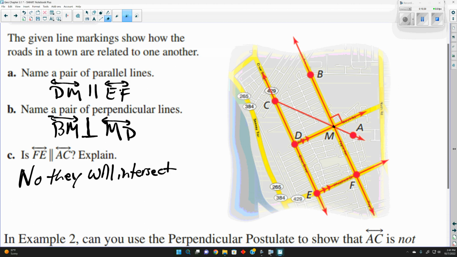And by definition, given a line and a point not on the line, there's exactly one line through it parallel to the given line. And we already have that parallel line. It's MD. So there can only be one parallel line through a given point. I can create an infinite number of parallel lines, but not through the same given point.